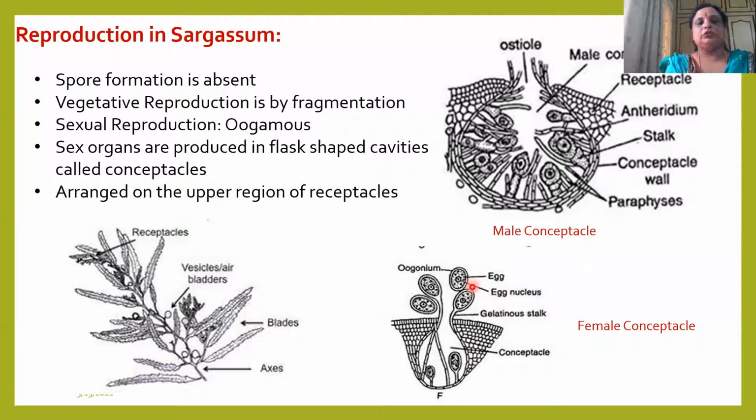So Sargassum reproduces sexually by oogamy, that is by the formation of oogonium, and they produce special branches called receptacles. The surface of these receptacles embeds structures called conceptacles, which form cavities inside these receptacles. And we have two different kinds of conceptacles, female conceptacles and male conceptacles.